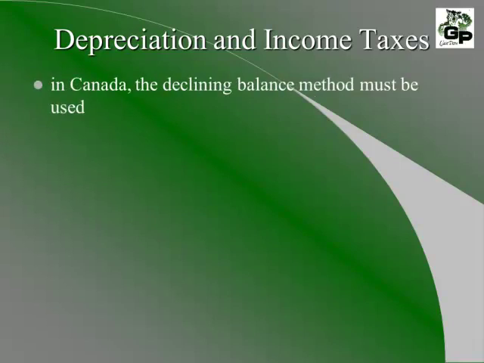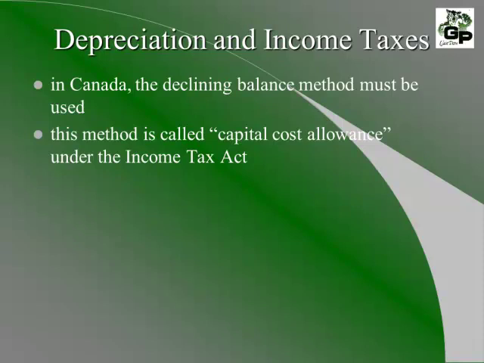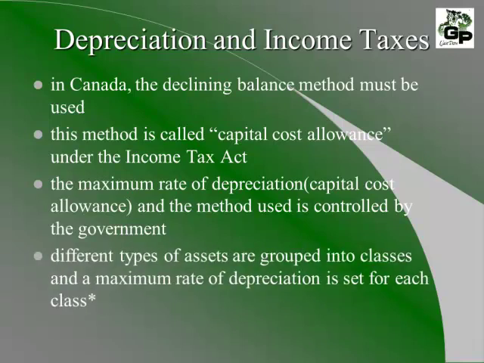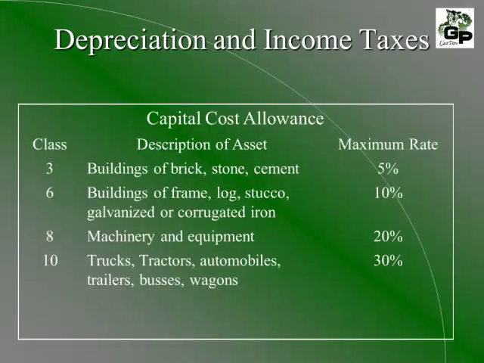In Canada, the declining balance method must be used. This method is called capital cost allowance under the Income Tax Act. The maximum rate of depreciation, or capital cost allowance, and the method used is controlled by the government. Different types of assets are grouped into classes, and a maximum rate of depreciation is set for each class.